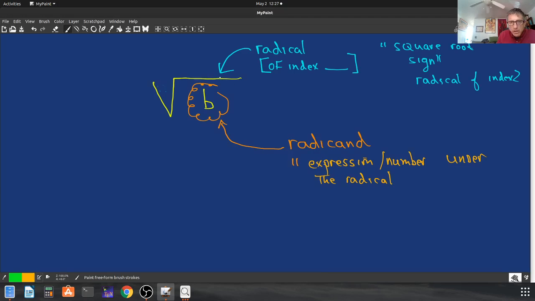So the radical is just the symbol, that weird symbol right there. The b is the radicand, or the expression under the radical. The last thing is, what is the entire thing called? Well, both of them together is called a radical expression.